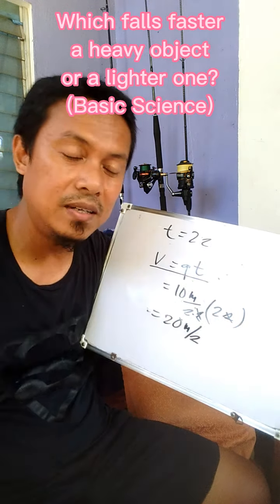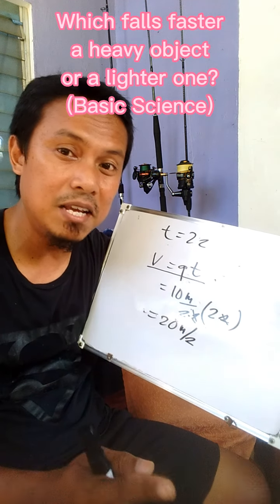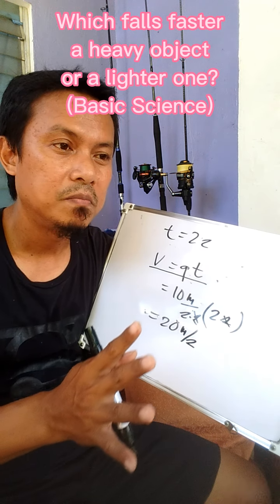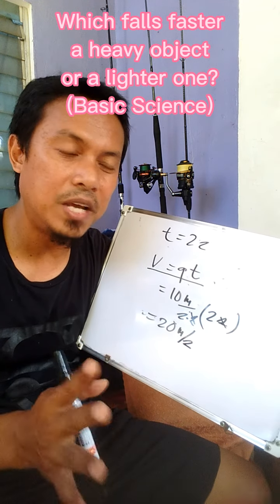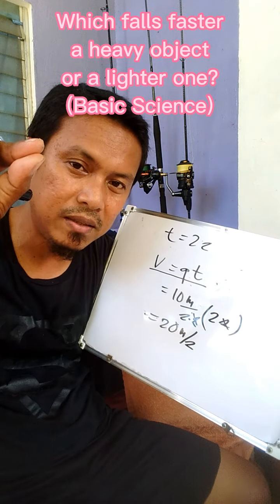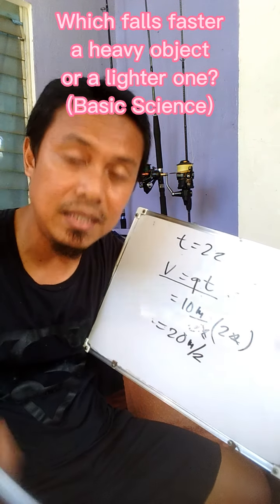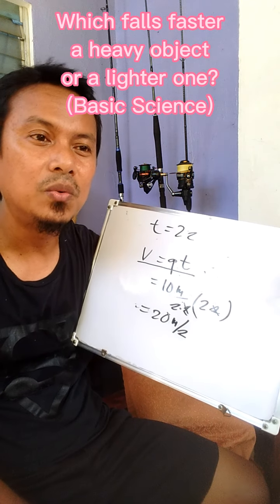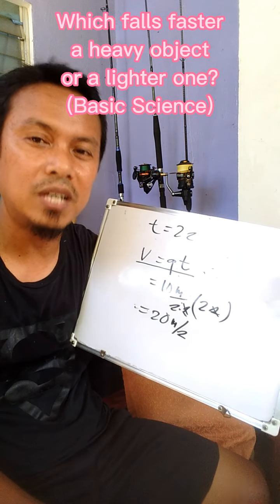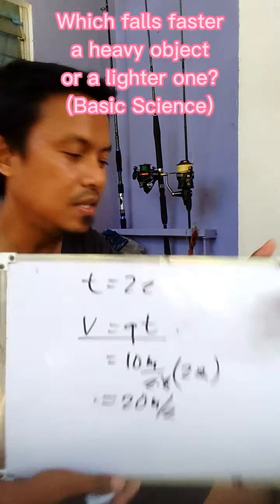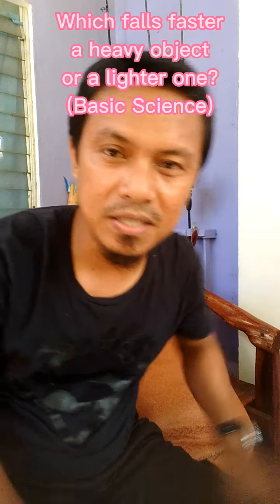So it's very clear that regardless of the mass, the size, or the weight of any object, when placed at the same height near the Earth's surface and released at the same time, neglecting air resistance, they will reach the ground at the same time. That is simple physics.